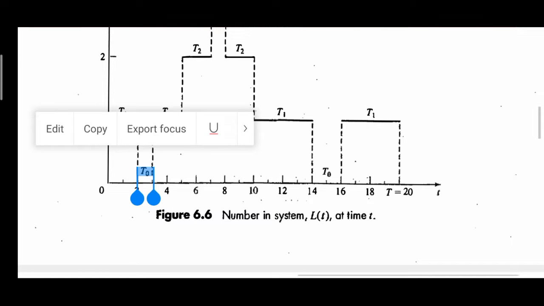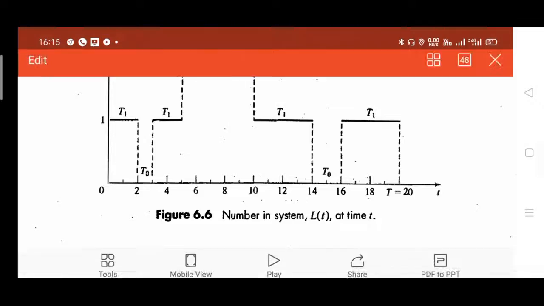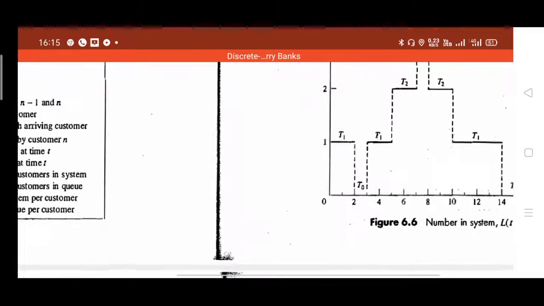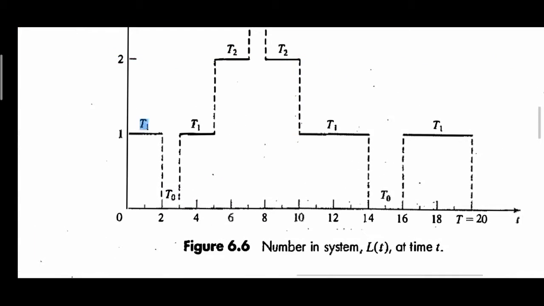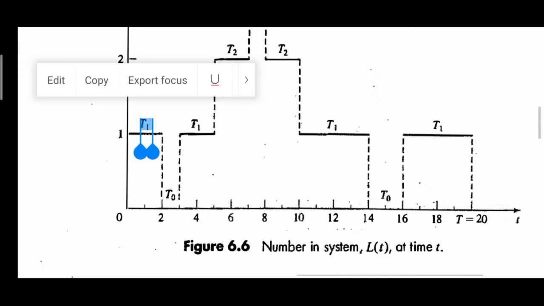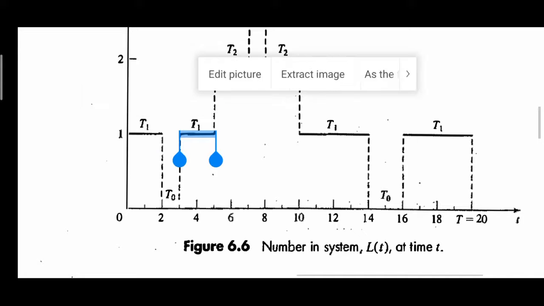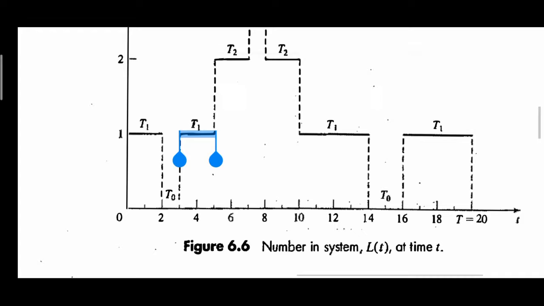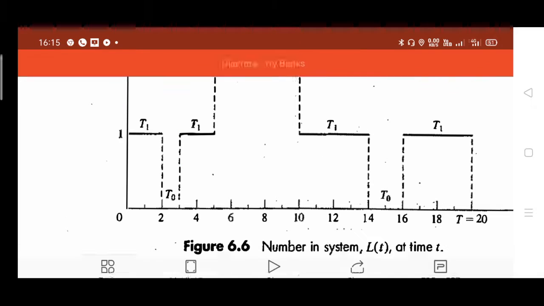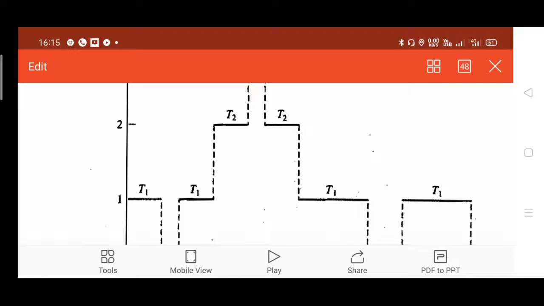So the total length of T0 is 1 plus 2, total 3. Similarly for T1 you can count. Here we have 2 minutes, 0 to 2. Again 2 minutes, 3 to 5, so 2 plus 2 is 4. Then 10 to 14 is 4, so 4 plus 4, length is 8.